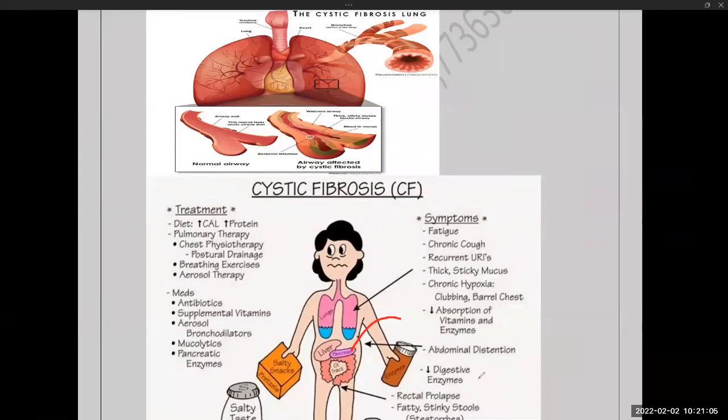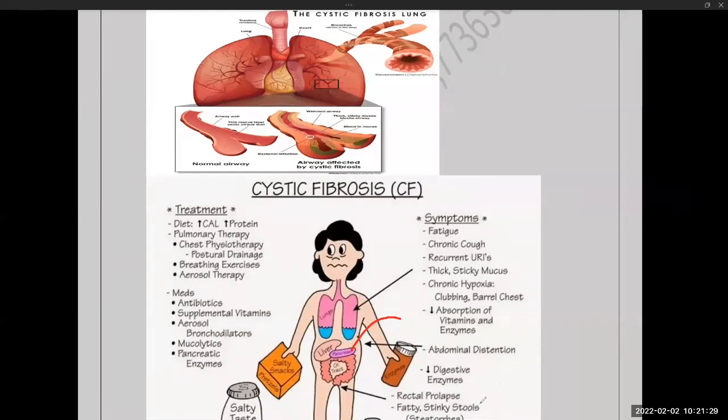So decreased digestive enzymes, which means amylase, lipase will be reduced, and decreased amylase causes protein malabsorption, and decreased lipase will also cause fat imbalance, like a decreased metabolism of the fat.